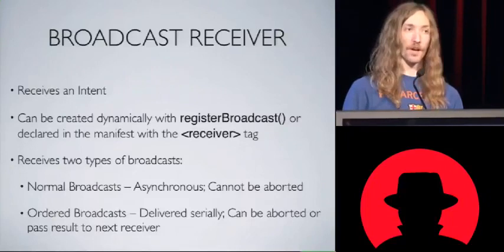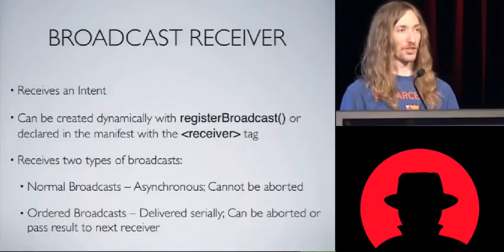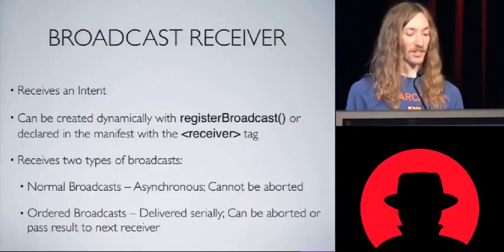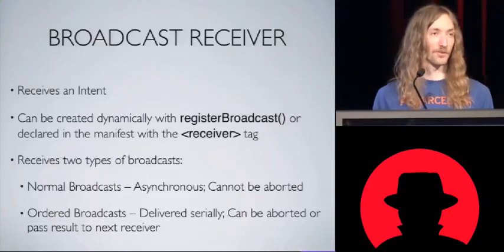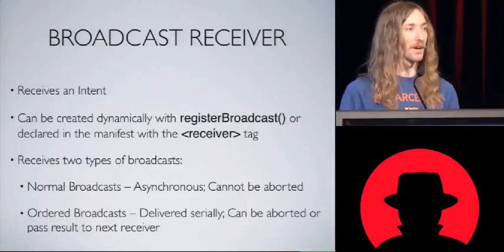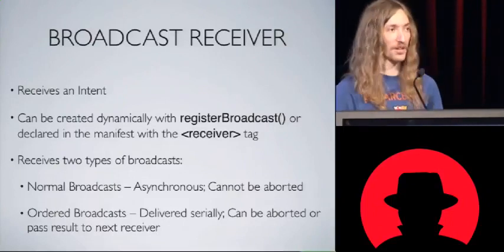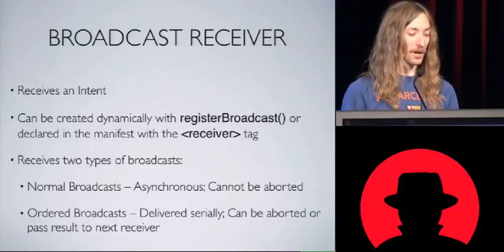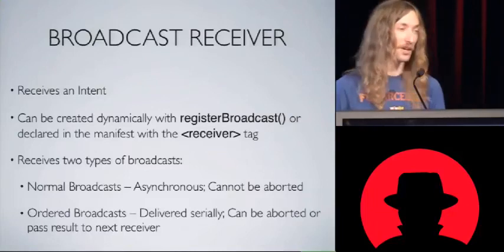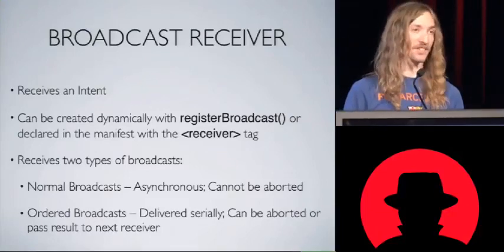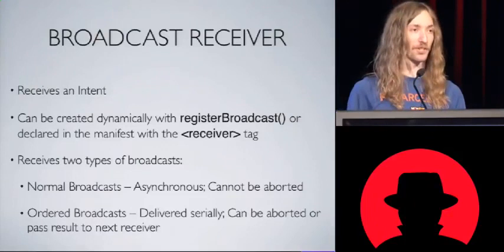So we have a regular broadcast, which is just sent out asynchronously en masse to every receiver on the system. These types of broadcasts cannot be aborted, and you can't do anything with the result. We also have an ordered broadcast. This is a broadcast that's sent out sequentially to all the receivers.